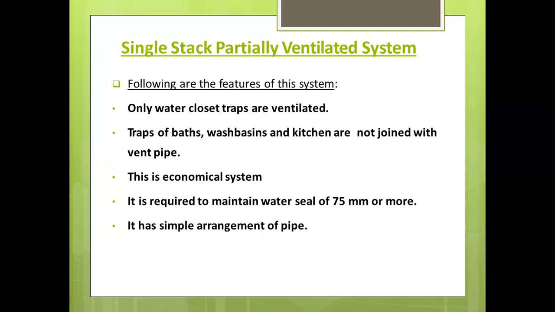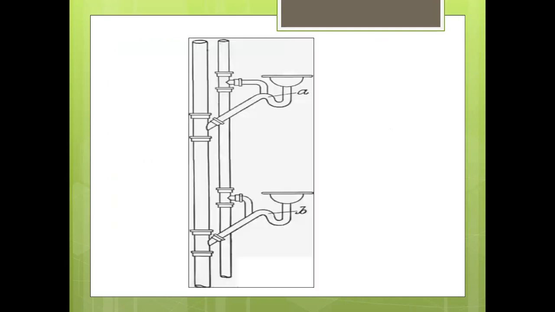Next one is the partially ventilated single stack system. This is a modified form of the single stack system and the one pipe system. In this system, the waste from the water closet, basin, sinks, etc. is discharged into a common soil and waste pipe, and a relief vent pipe is also provided, which provides ventilation to the trap of the water closet only.